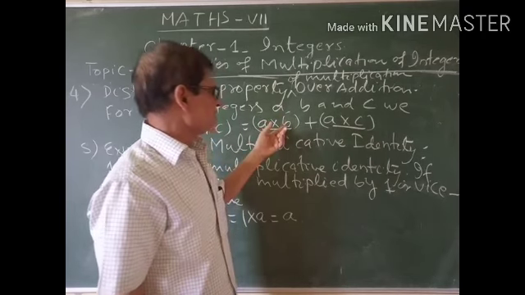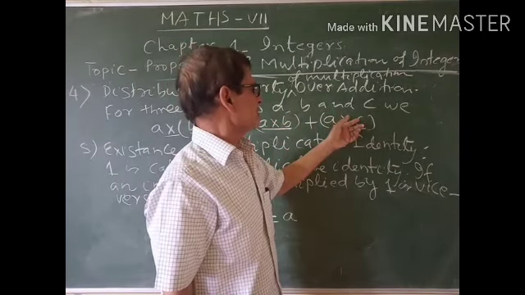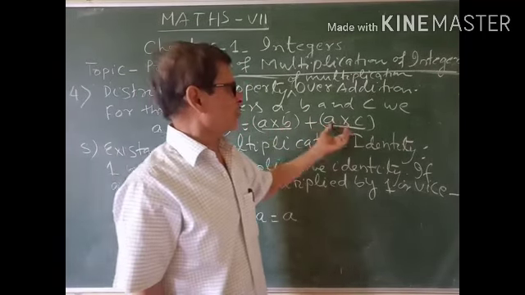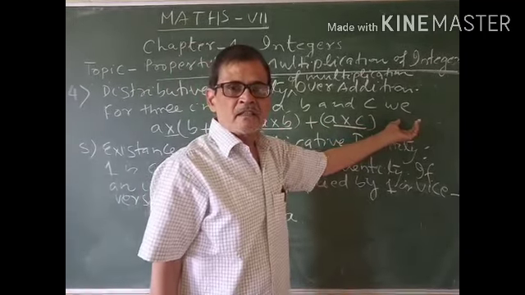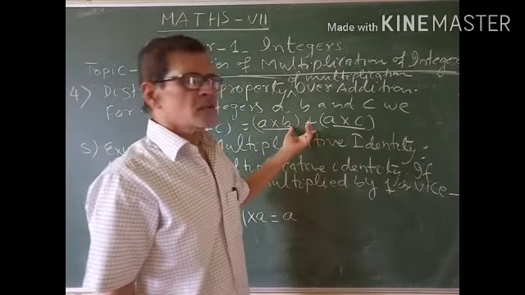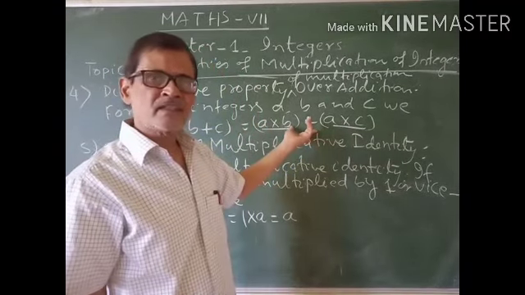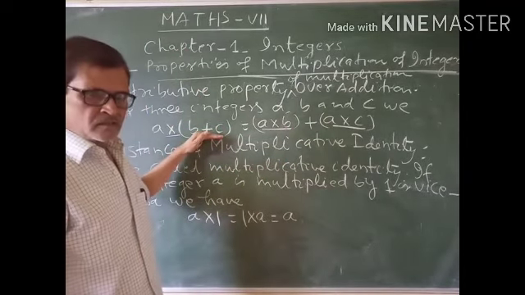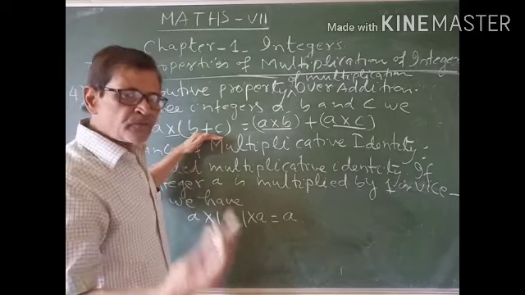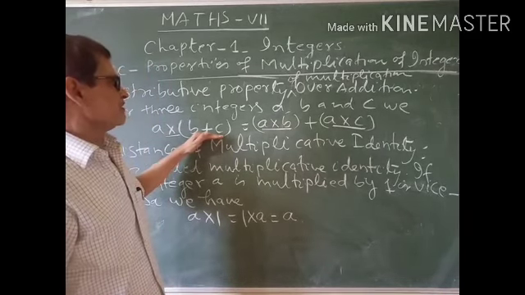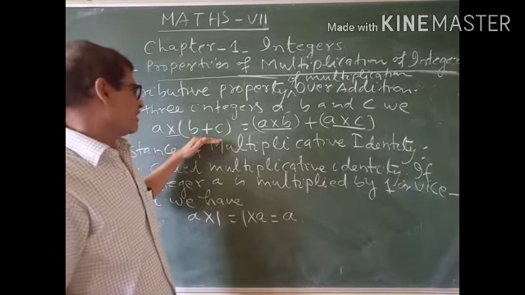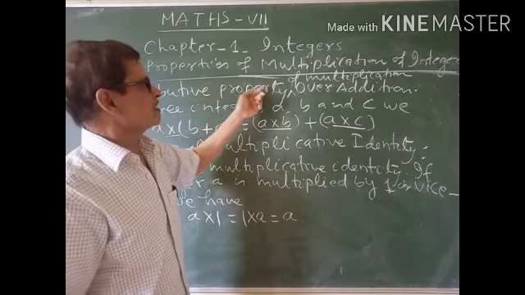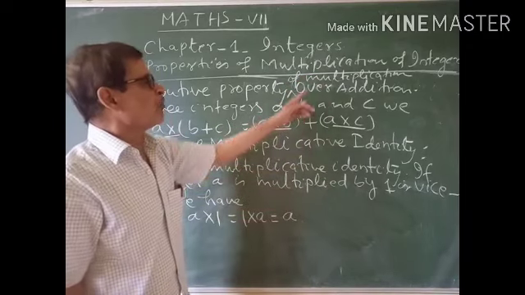Here this will be integer and this will be integer. And what will be sum of two integers? This is also an integer. So this also follows the closure property of addition also. So this property is attached to different types of properties, and this is known as distributive property of multiplication over addition.